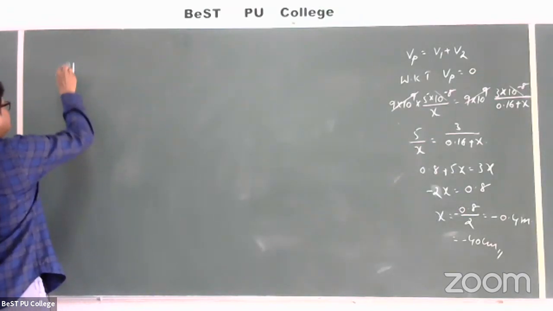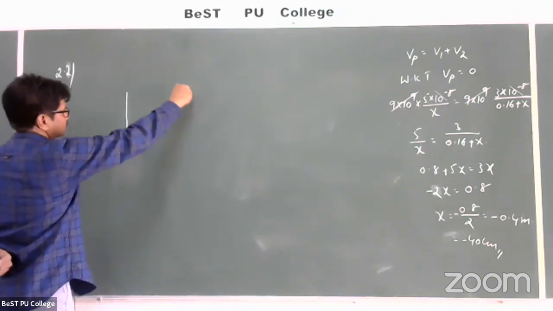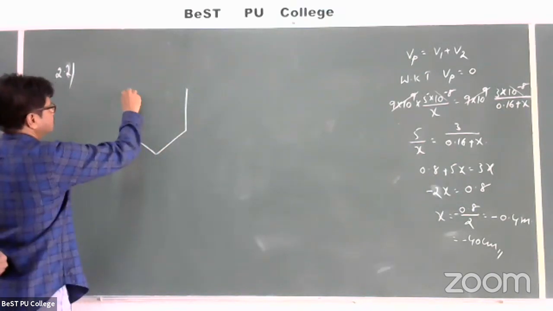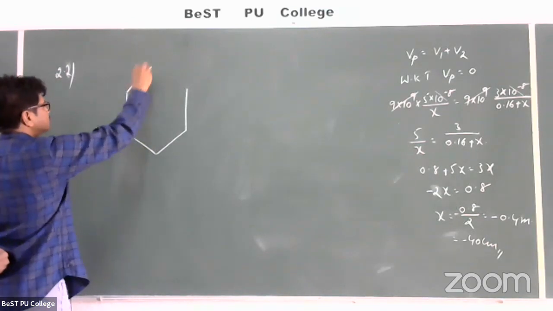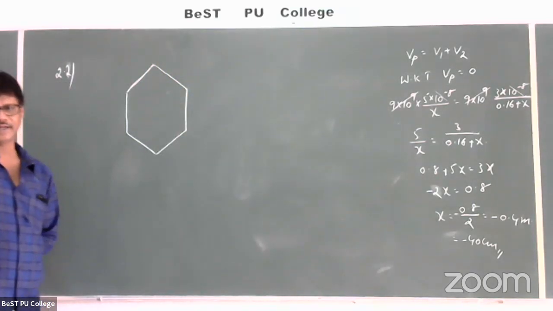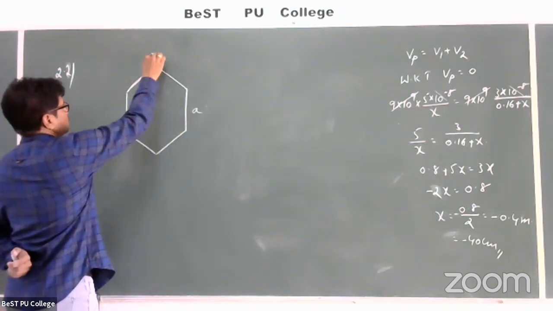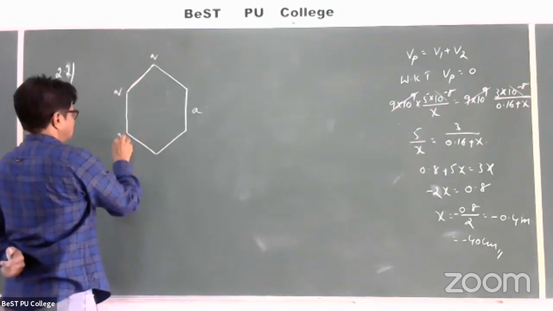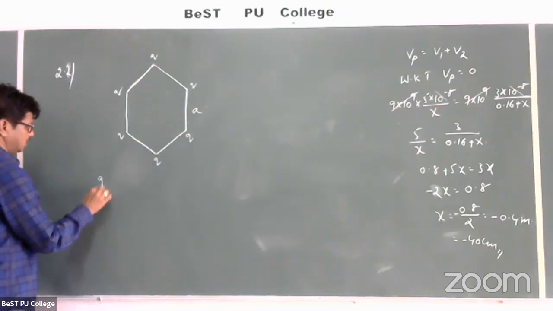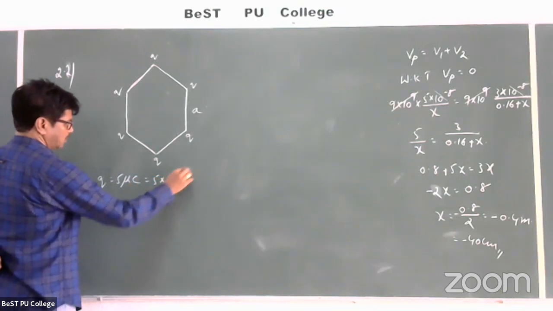Now he is considering a beautiful hexagon of side 10 centimeter, or side A. In fact, a charge Q is placed at all the 6 corners of an hexagon, where Q is equal to 5 microcoulomb, that is nothing but 5 into 10 to the power of minus 6 coulomb.